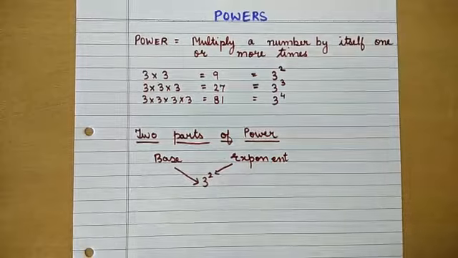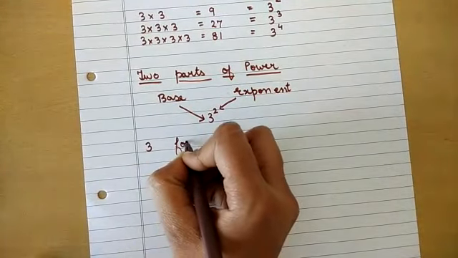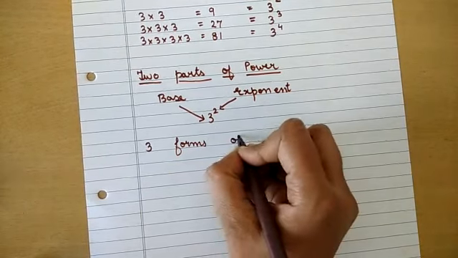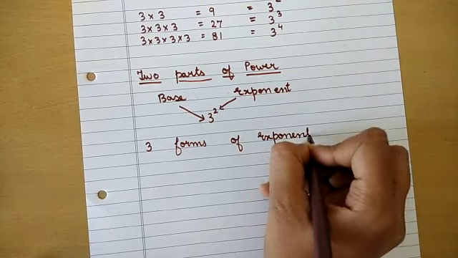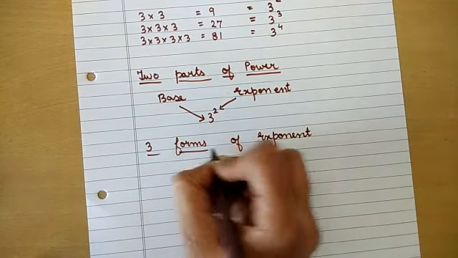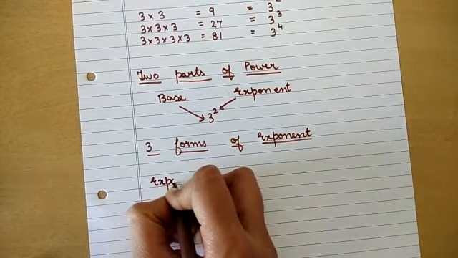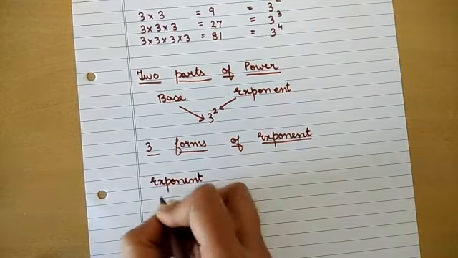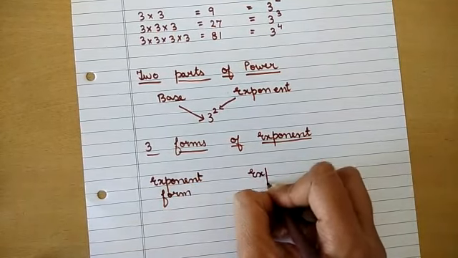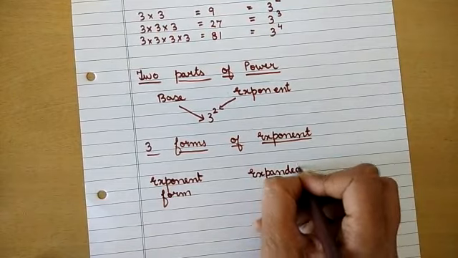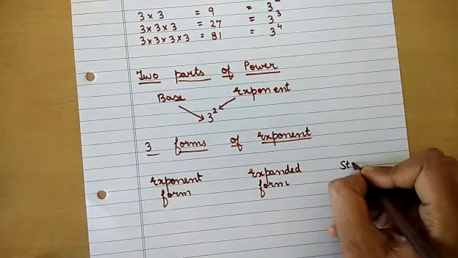Now there are 3 forms of exponent. One is exponent form, one is expanded form, and the last one is standard form.